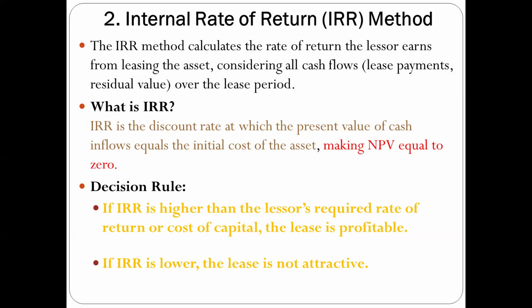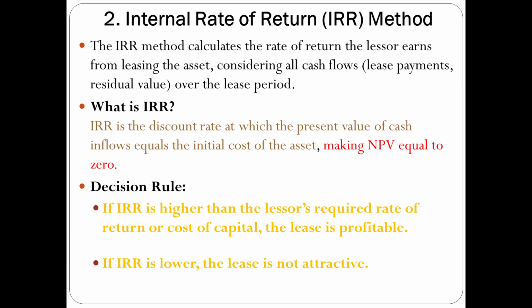It's the percentage return where the NPV becomes 0. It helps you to see how much profit you are making from an investment or the lease. If the IRR is higher than the target return, it's a good deal.